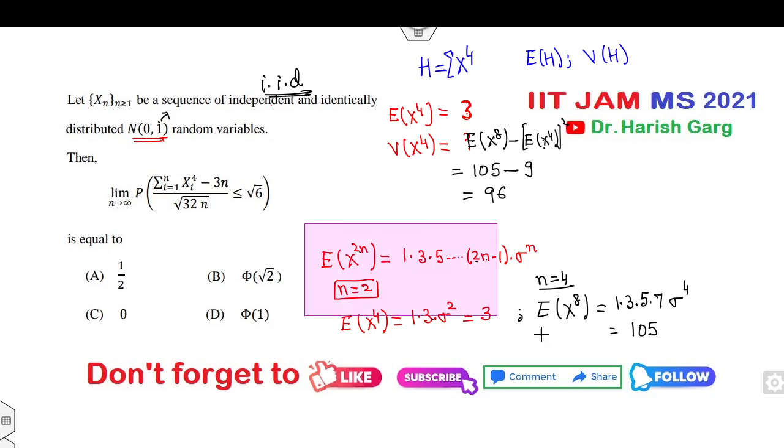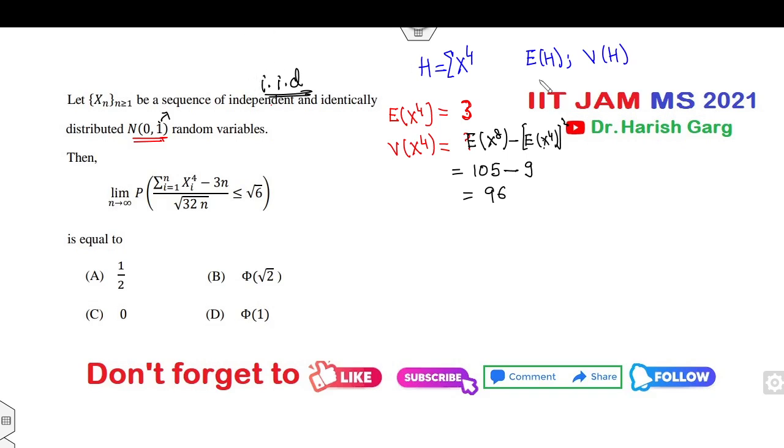Fine. Now, because they are IID, what is the mean of h? Mean of h is again 3, sorry, 3n, and the variance of h is 96n. So you can write h in terms of z: h minus 3n divided by root of 96n. h is the summation of x square.